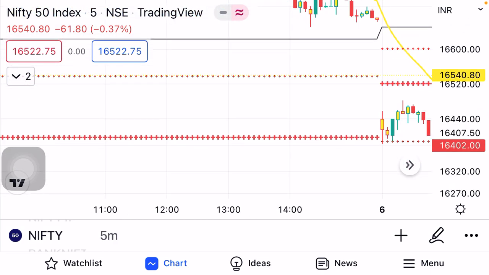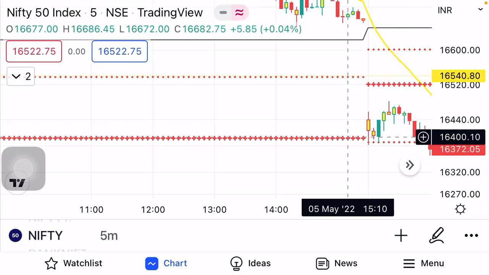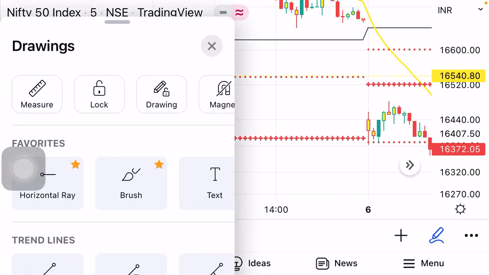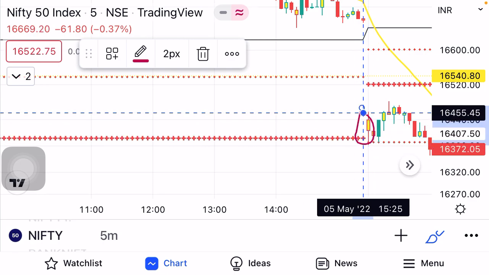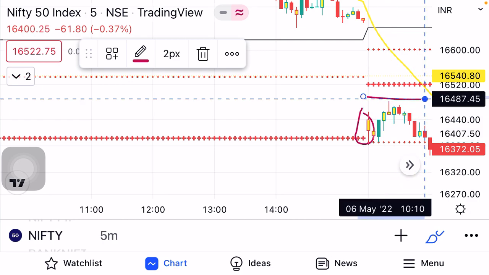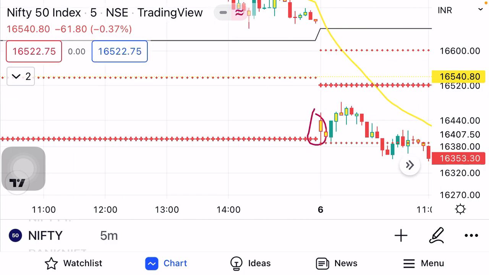The first 5 minutes candle, what is it indicating? This first 5 minutes candle is also bearish. So everything points to bearishness only. And this is the point where you can take a put position. Though if you don't take a put position here at that point, you can wait up to the 20 MA, right?